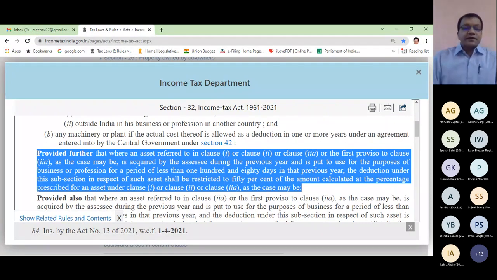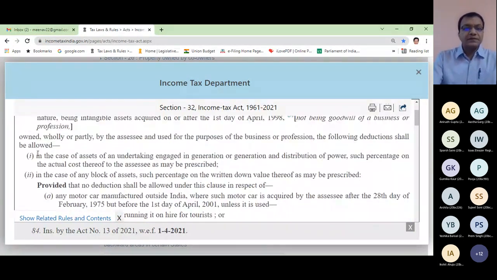See, provided further. It is my exception number 2 of this depreciation concept which I am reading, where an asset referred to in clause 1 or clause 2 or clause 2A or the first proviso to clause 2A. Can you tell me what is clause 1 about? Which asset?